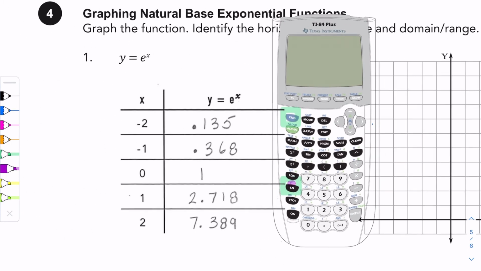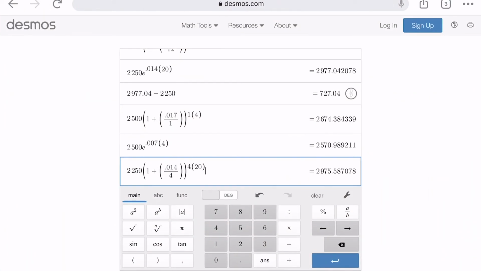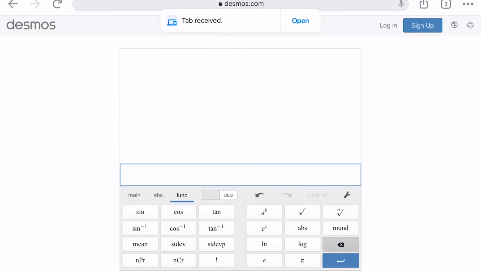If you use something such as Desmos Scientific, like this calculator here, the number e is when you hit function. I'll screenshot this.